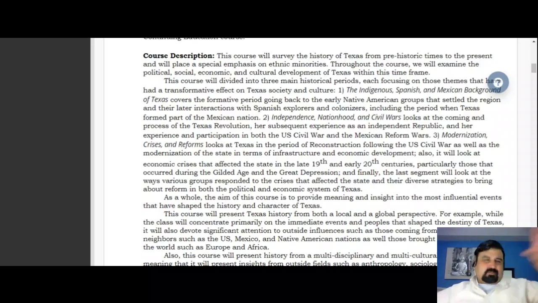Then we're going to look beyond the Spanish contribution, the Spanish heritage left in Texas. We're going to look at Mexico, because Mexico declared independence from Spain. We see the emergence of a new nation state, the Republic of Mexico, that Texas was part of as well.